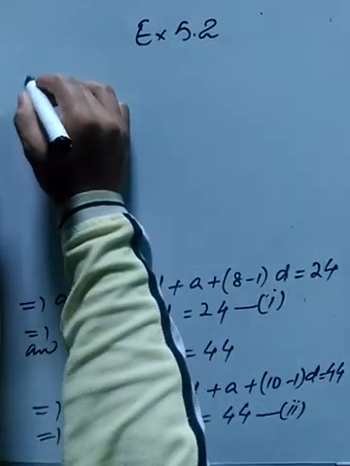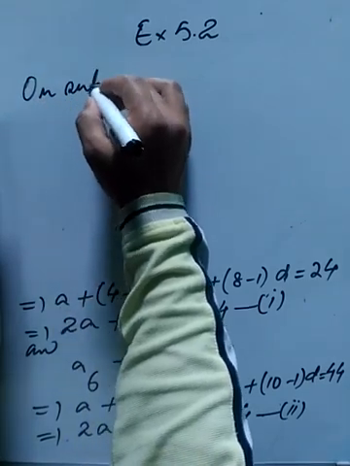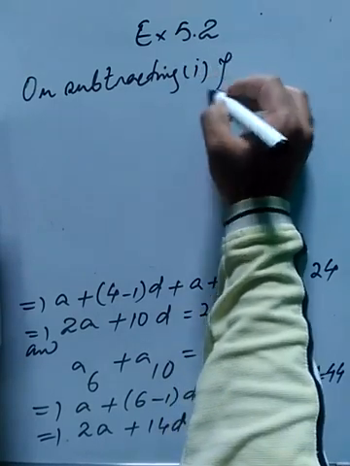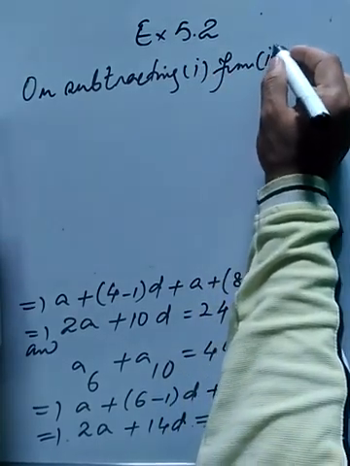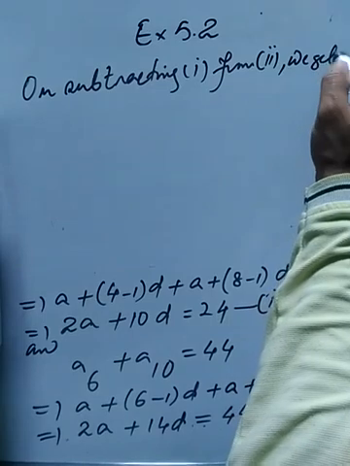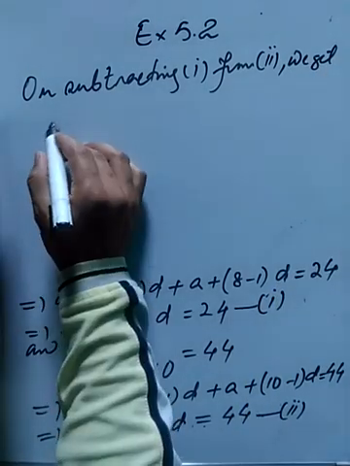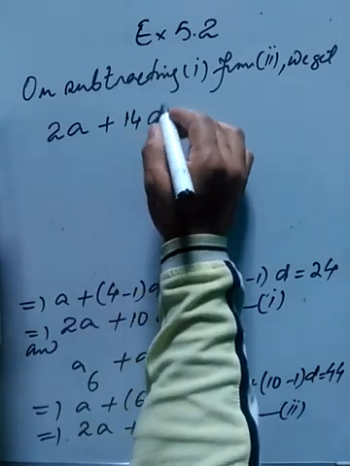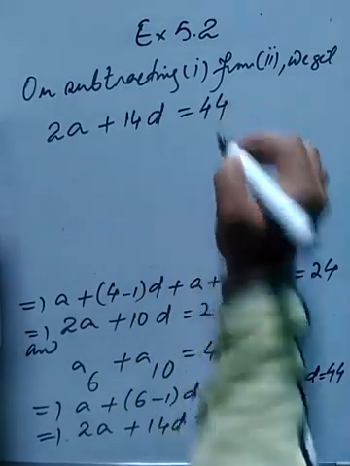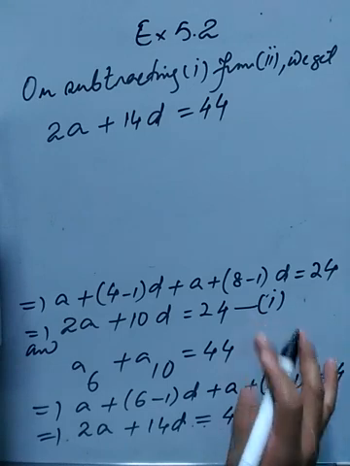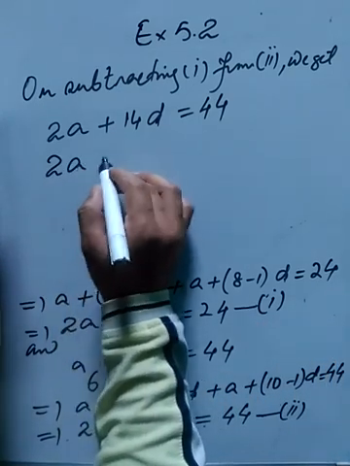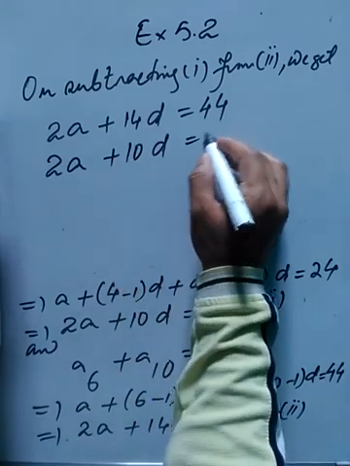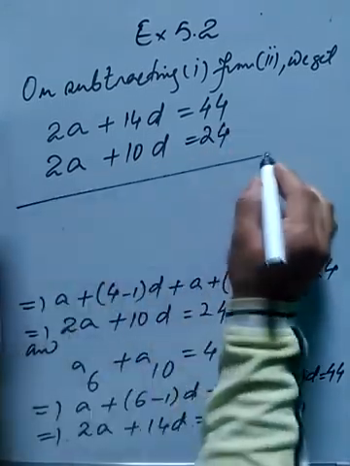Okay, on subtracting 1 from 2 we get: equation 2, twice a plus 14d equal to 44, and the first equation, twice a plus 10d equal to 24.